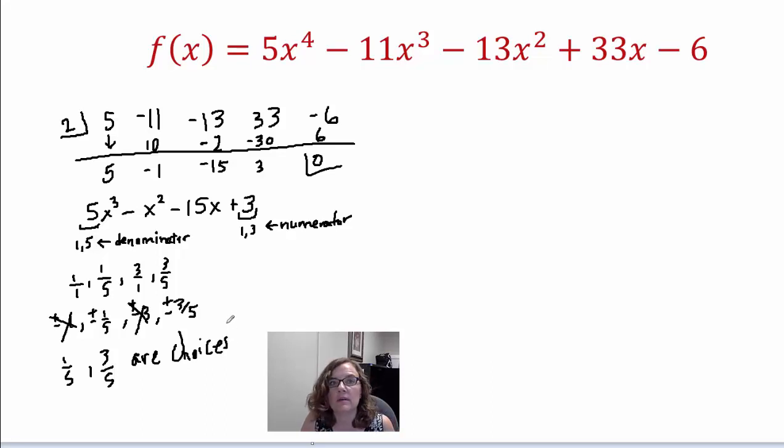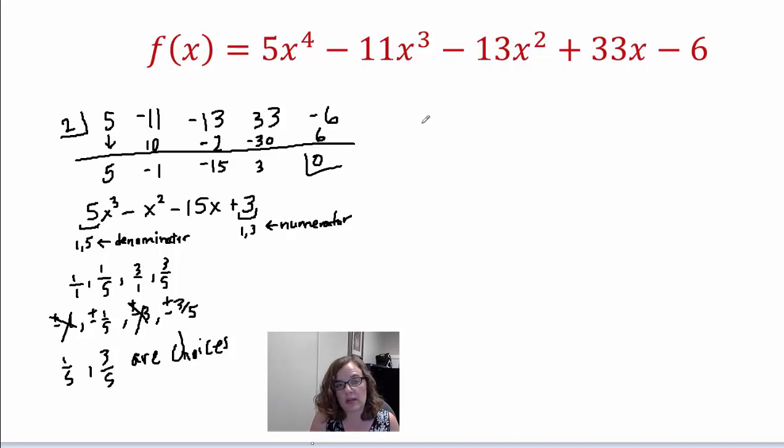Now you can use that technique on your calculator when you are looking for the intermediate value theorem. You can use the calculate button and then zero, picking that, and you can go through the steps: left bound, right bound, guess, that type of thing. Or you could just try these in synthetic division as well.